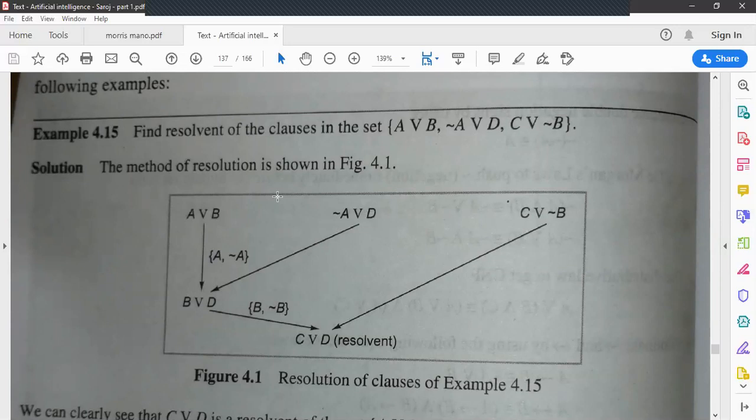From these two, when you combine these two clauses, you get this clause, B or D. And then when you combine B or D clause with C or not B clause.